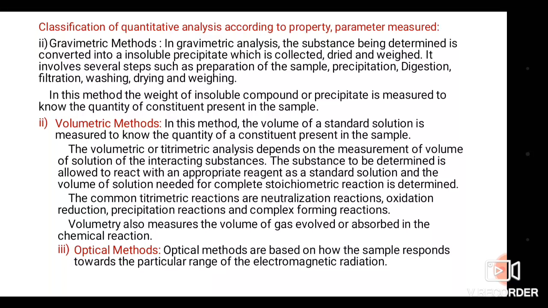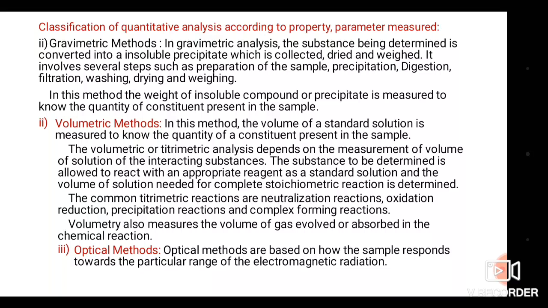Gravi means to measure or to weigh. So in gravimetric analysis, the substance being determined is converted into an insoluble precipitate. So we can take the weight of this precipitate. The component is converted into a precipitate, then this precipitate is collected, dried, and weighed.